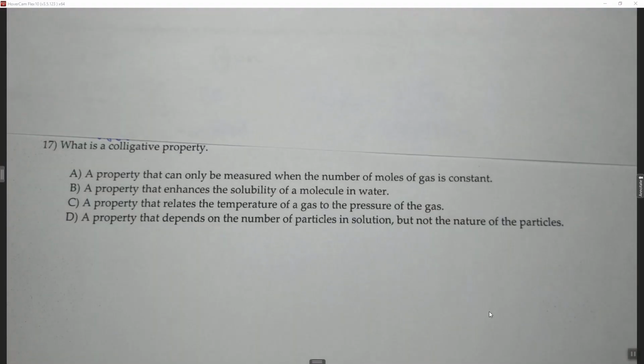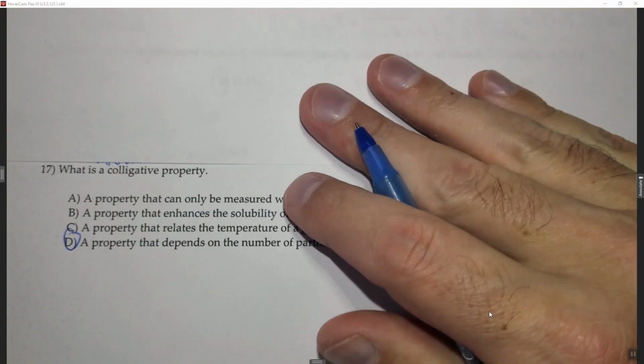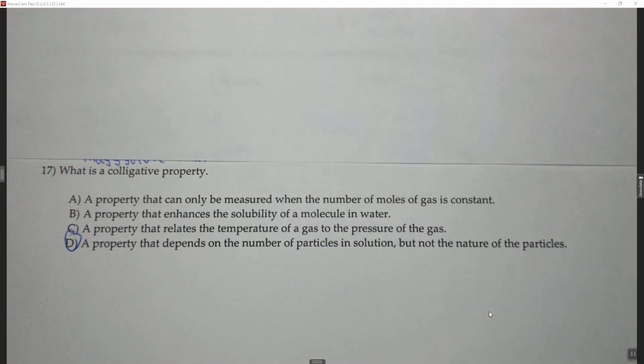All right, number 17 basically asks us for a definition. It says, what is a colligative property? A colligative property is a property that depends on the number of particles in solution, but not the nature of the particles. Said another way, if one were to dissolve NaCl, or one were to dissolve KBr, the amount of the freezing point depression or the boiling point elevation would be independent of which of the two solutes was present, just based on the amount present, the amount in moles, which also takes into account the van 't Hoff factor, which is how much things break apart in solution.